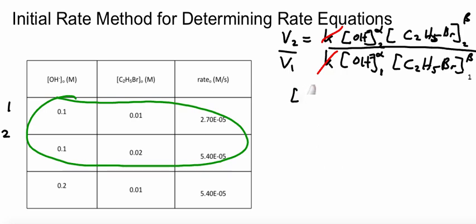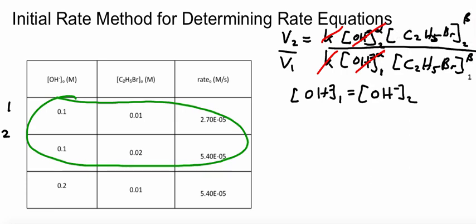In other words, we can say that the concentration of hydroxide in trial 1 was equal to the concentration of hydroxide in trial 2, because we're just looking at this set of trials here. So that means that we can cancel hydroxide to the alpha and hydroxide to the alpha, because these numbers are the same and alpha is the same. So that cancels. Now we're down to just one unknown.